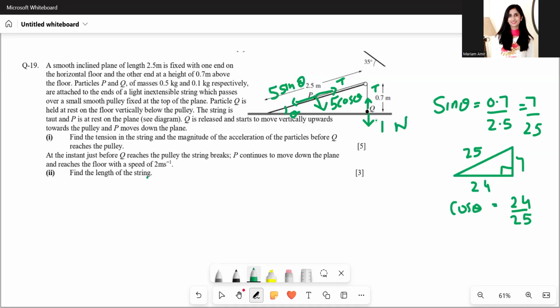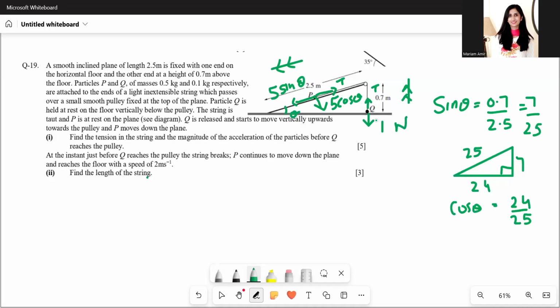The string is taut and P is at rest on the plane. Q is released and starts to move vertically upwards towards the pulley, and P moves down the plane. Find the tension in the string and the magnitude of acceleration of the particles before Q reaches the pulley.